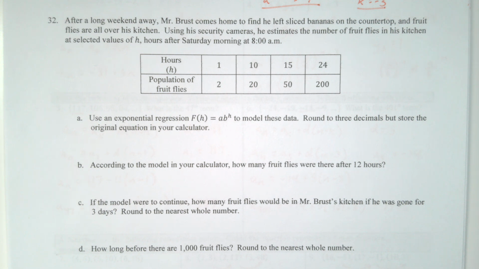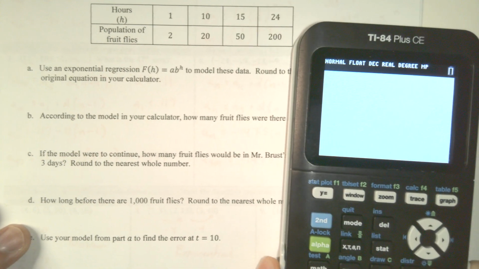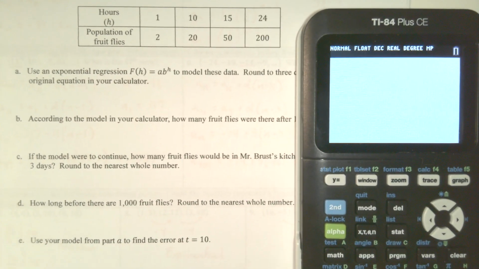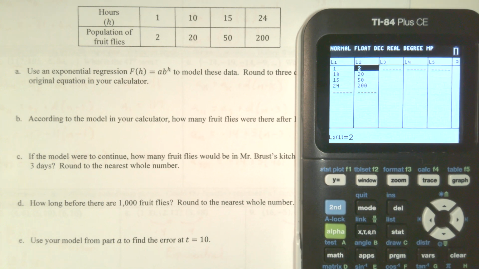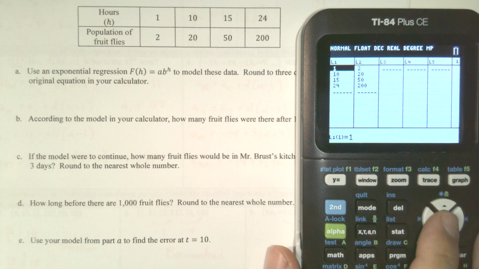So we want to use the exponential regression to model this data. The first thing that we need to do is go to stat in our calculator. So let me back up real quick. How we do this, we go to stat, and we're going to edit this data. Now, I already have it entered in here because I was doing this a couple of days ago with another student.